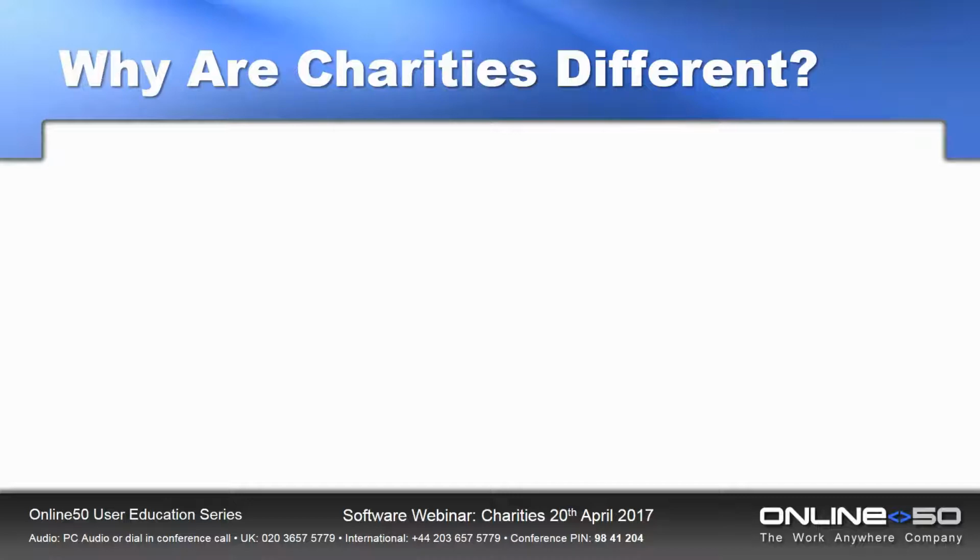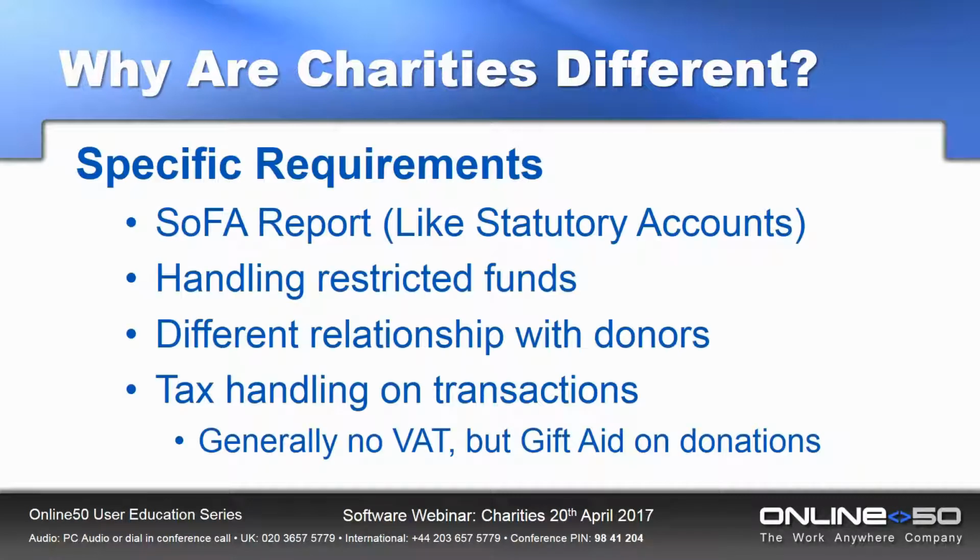Charities do have some specific requirements that you don't have in a commercial business. So they have the SOFA report, which is a template for which they need to report. That's part of FRS 102. The handling of restricted funds is an important legislative difference. Trustees are responsible for making sure restricted funds are handled appropriately.